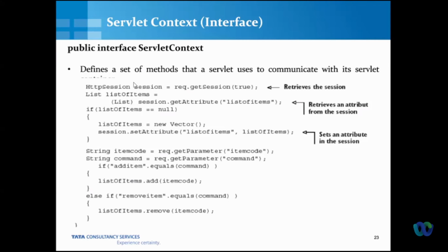Servlet context interface. So what is the working of the servlet context interface? It defines a set of methods that a servlet uses to communicate with its servlet container. There should be only one context per web application per Java virtual machine. And in the case of a web application marked distributed in its deployment descriptor, there will be one context instance for each virtual machine.